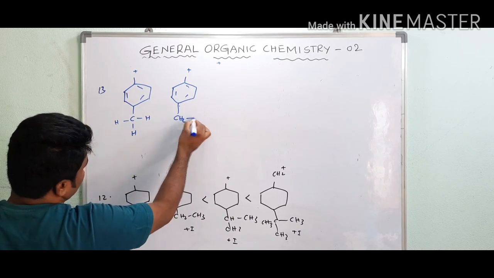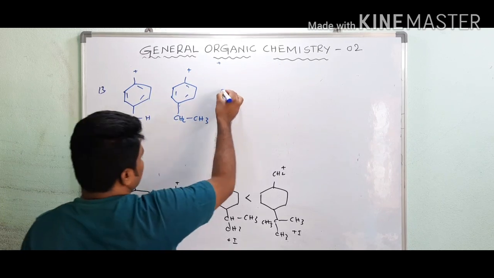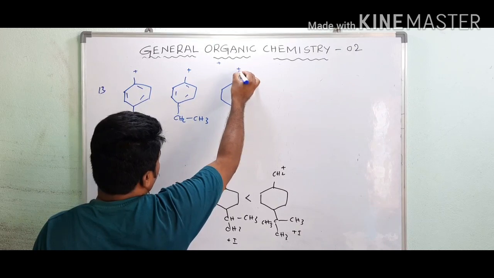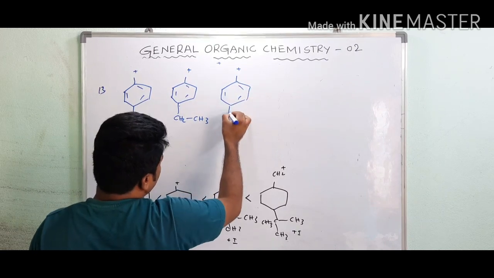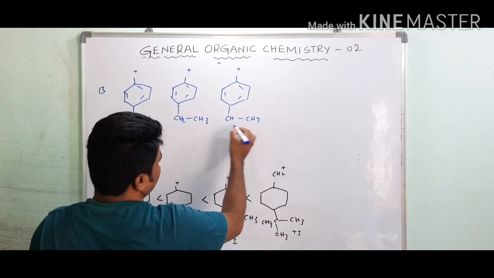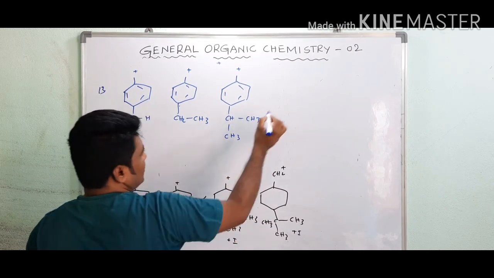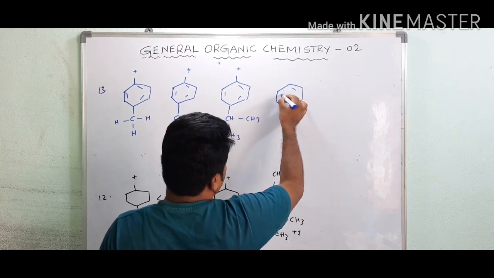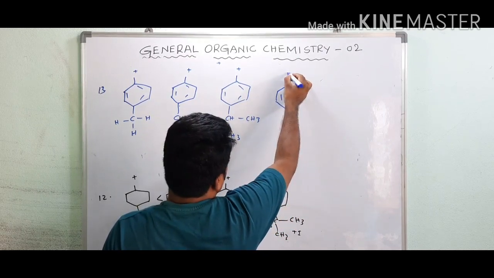Here CH2, CH3. This is also a hyperconjugation question. If you do not understand, don't worry, just remember both examples. Then when I explain the hyperconjugation, you will study the reason behind this.